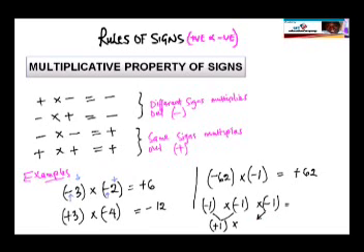This will come down again and you have minus 1. And our final answer would be minus 1 in all. Alright, that's what we can talk about sign with multiplicative properties.